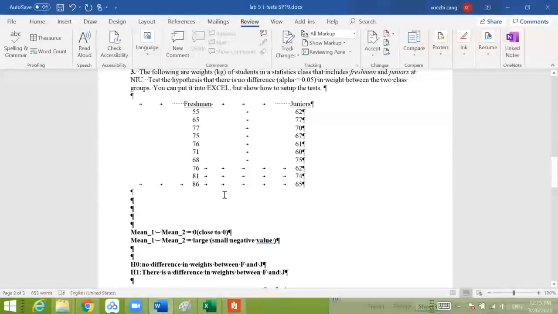To compare the averages from two groups, we should use the z-test or the t-test. For this question, since the sample size is very small, we can see we only have 10 samples in each group, then we should use the t-test.